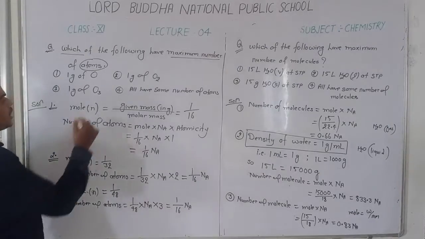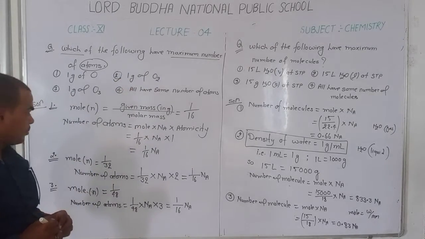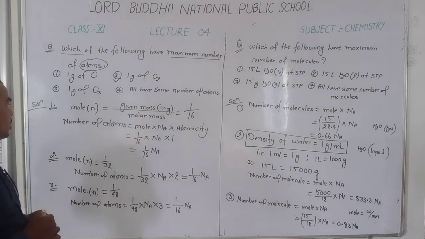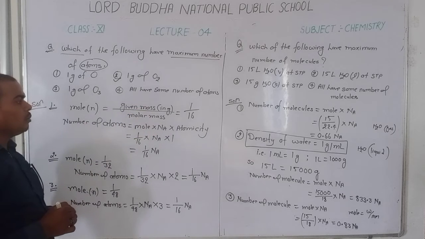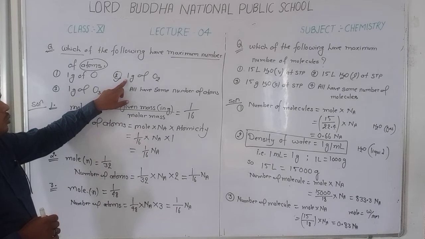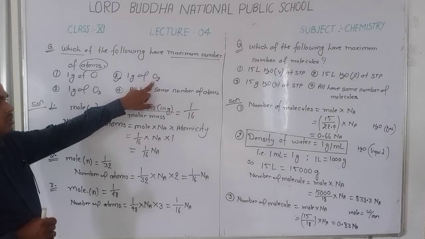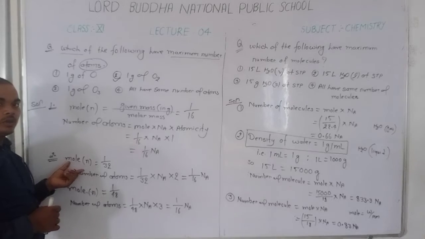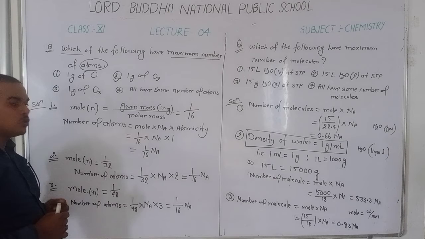Now calculate the second option, 1 gram of oxygen molecule. The formula of mole is given mass upon molar mass. The given mass is 1 gram. The molecular mass of O2 is 32. Therefore, the mole of 1 gram of O2 is 1 by 32.